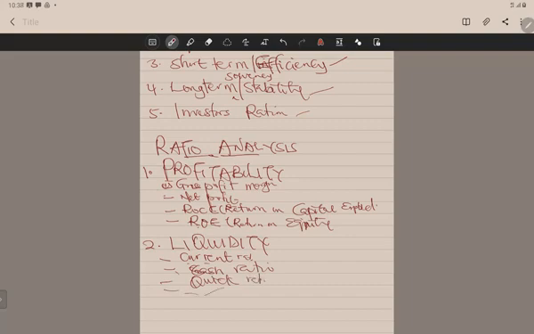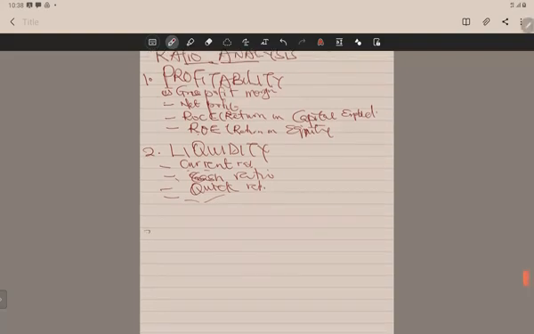Don't worry, you can't catch me writing. Those are the 3. We have cash ratio, we have quick ratio. After that, our number 3 is our activity ratio.